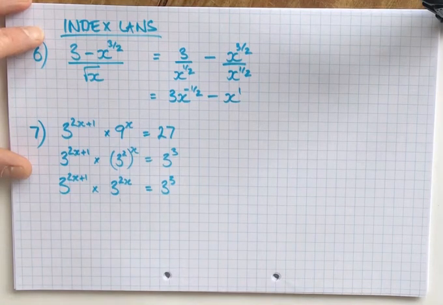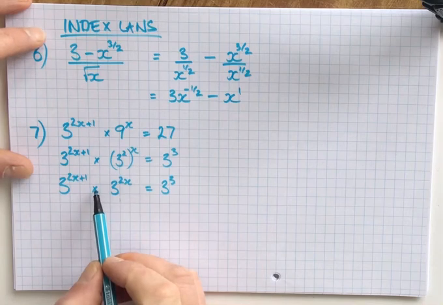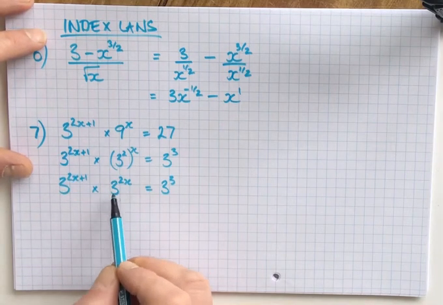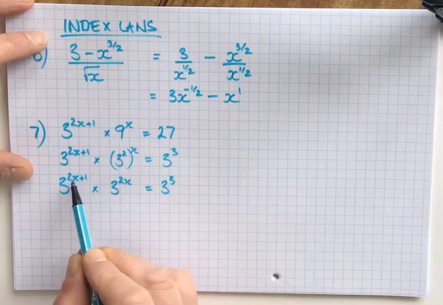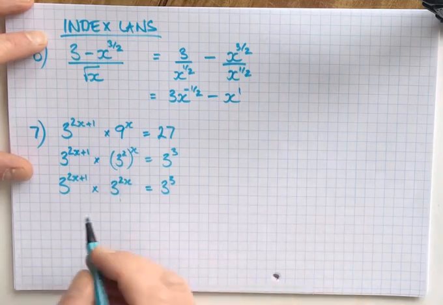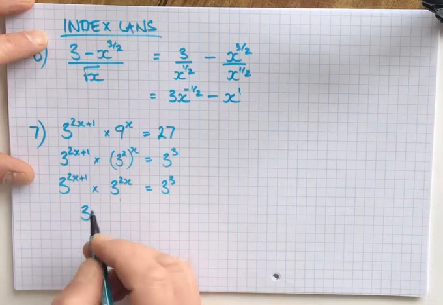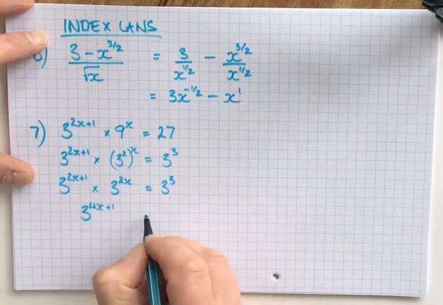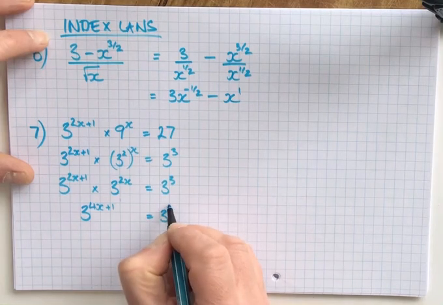We're getting there. Let's just apply the first rule of indices. We've got 3 to the something times 3 to the something else. You may remember what you do to the powers. You add the powers. So we have got 3 to the power 4x plus 1 equals 3 to the power 3.